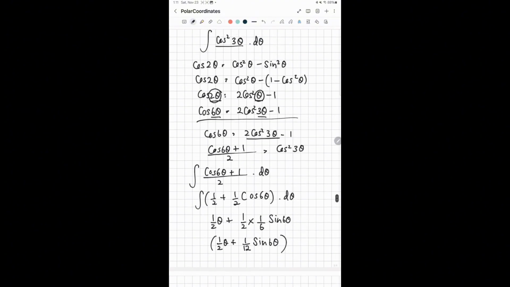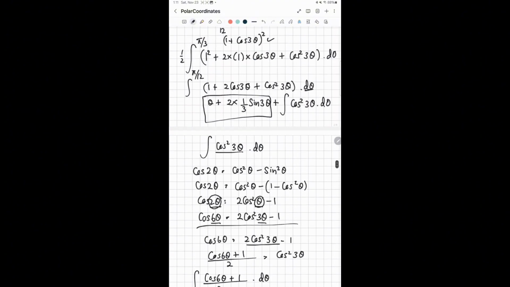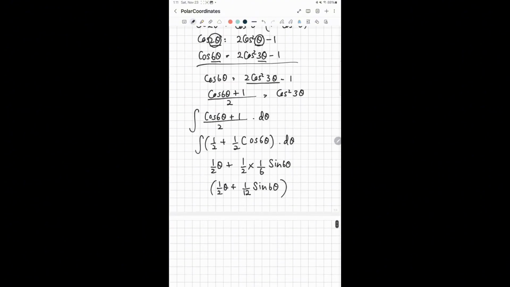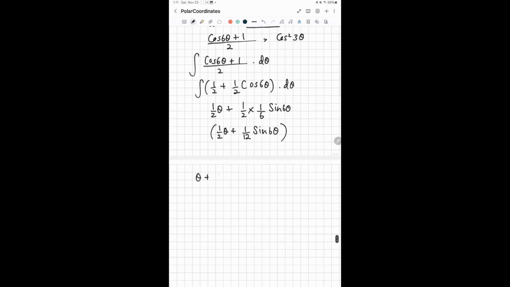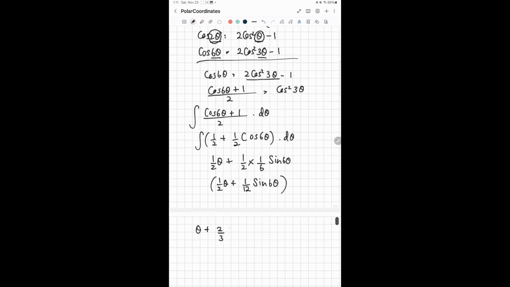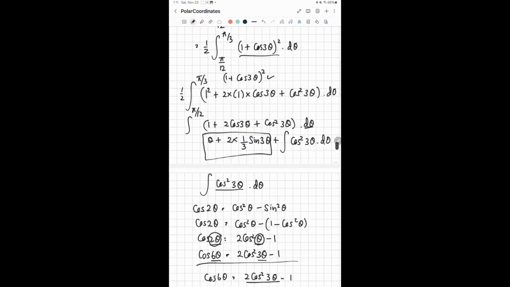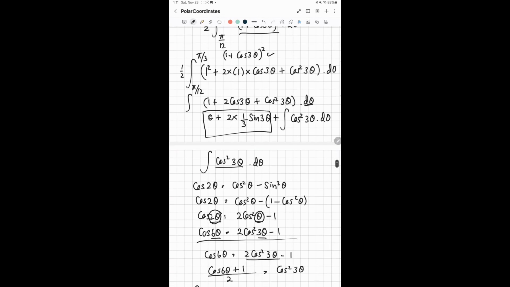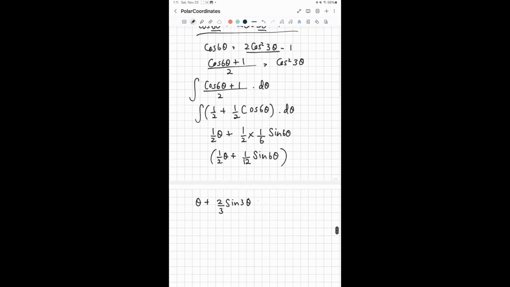Let's put this back into our previous one. So we got theta plus 2 over 3 sine 3 theta plus half theta plus 1 over 12 sine 6 theta.